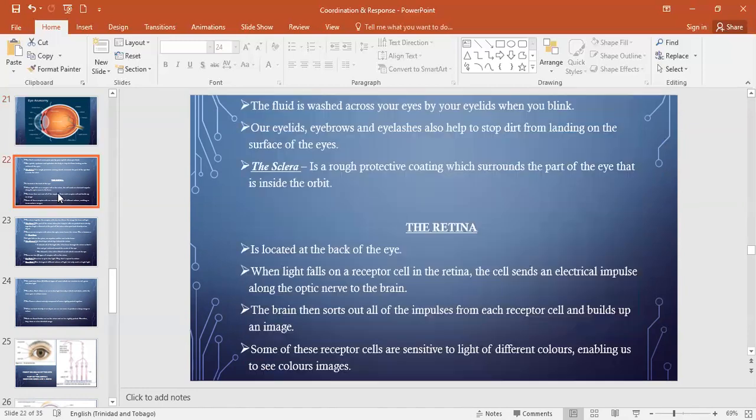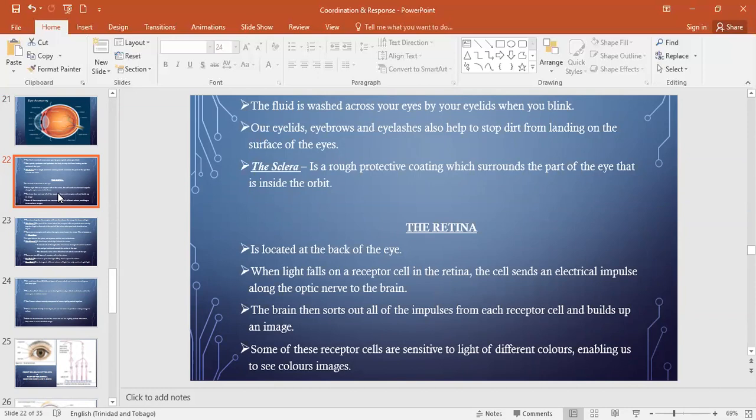Now, what happens is that some of your receptor cells are sensitive to light of colors, and some of them are not. Some of these receptor cells, like your cone cells, are able to process color, which is why you could see blue, green, orange, an amalgam of colors.